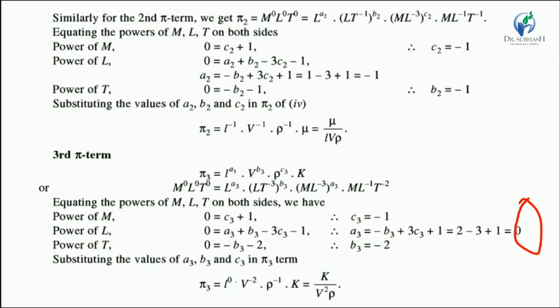A3 value is 0, B3 value is minus 2 and C3 value is minus 1. So here L power is 0, V power is B3, so minus 2, and rho power is C3, which is minus 1. So the pi 3 term is k upon V square into rho.